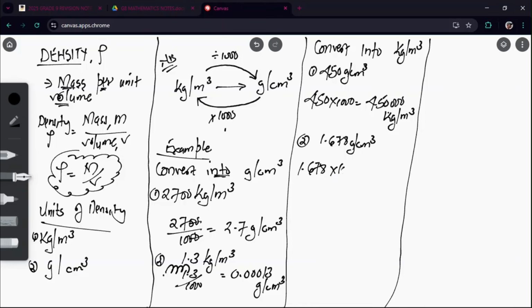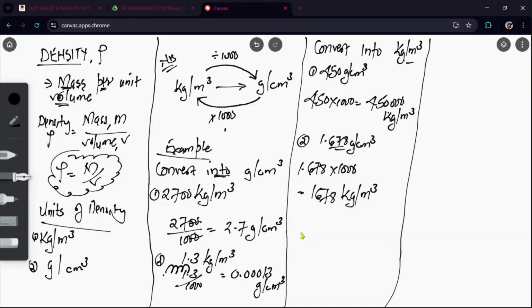I'll multiply by 1,000, so that this will be 1678, and this will be kilograms per meters cubed. That is how we do the conversion here. So when you're converting either way, this is simply what you normally do here, converting from kilograms into grams per centimeters cubed, and vice versa.